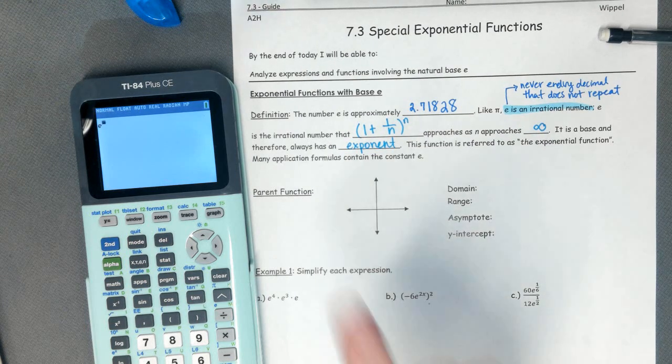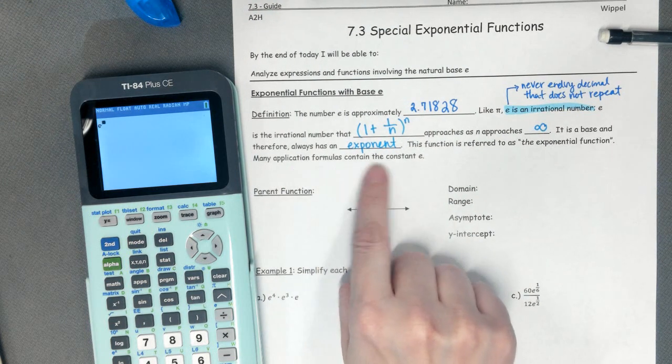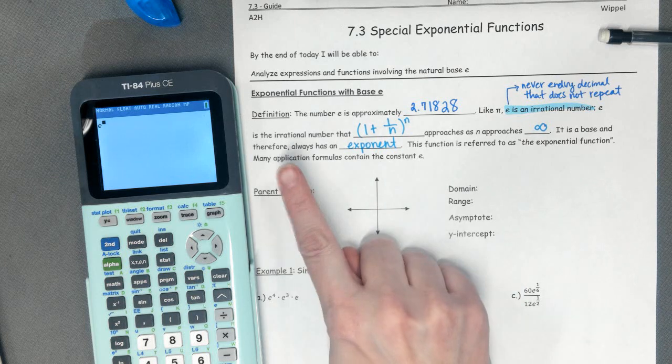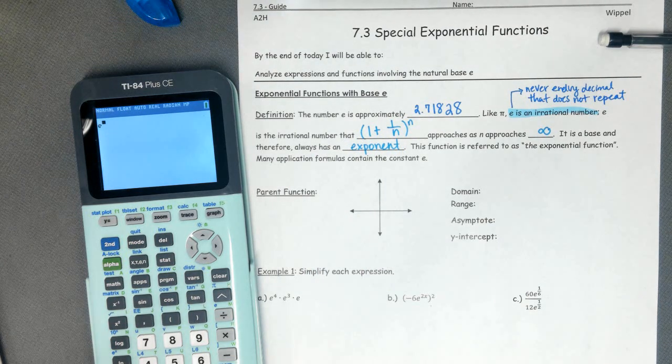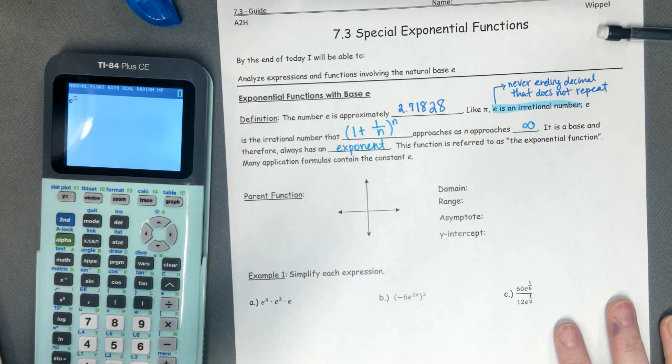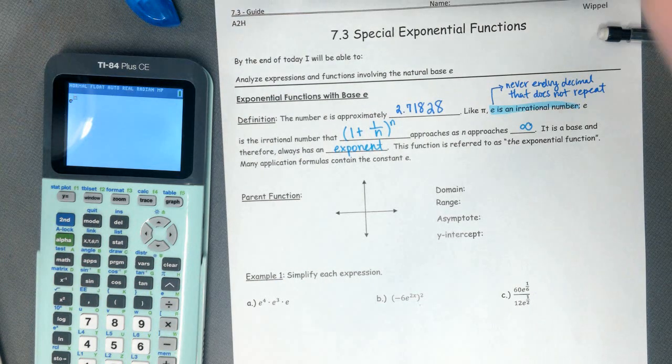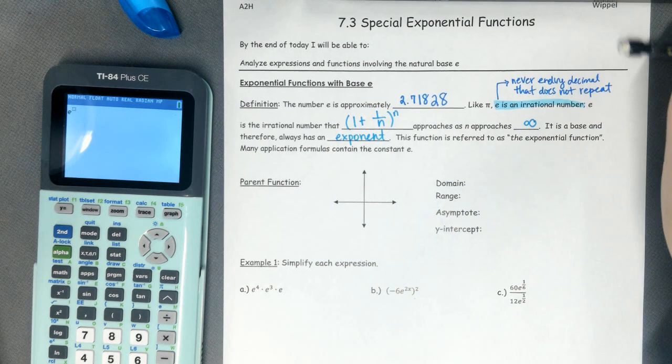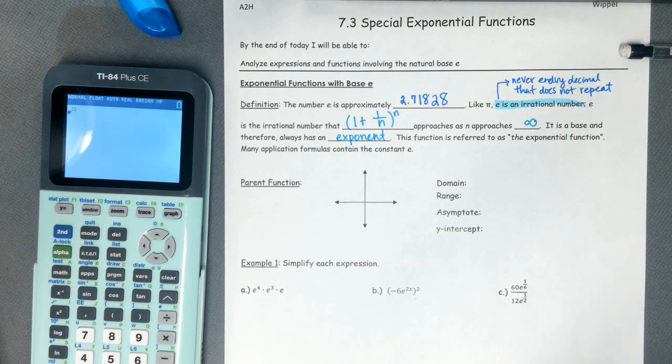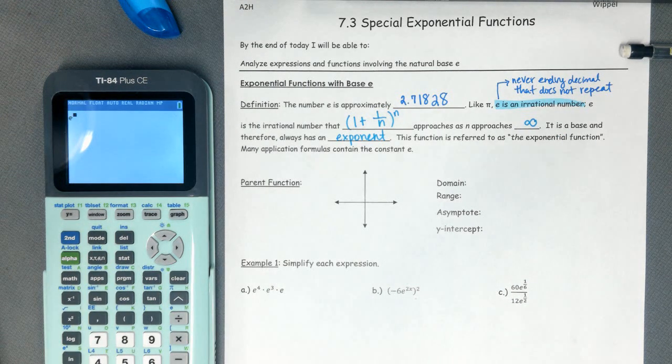And there are different application formulas that contain the constant e. We're going to learn one of them today. And then as you get higher up in science, you also might see some. And then definitely in pre-calculus next year, there are several that have e in them. Okay, and those are some of the things we talked about earlier, like the decay, half-life, stuff like that.